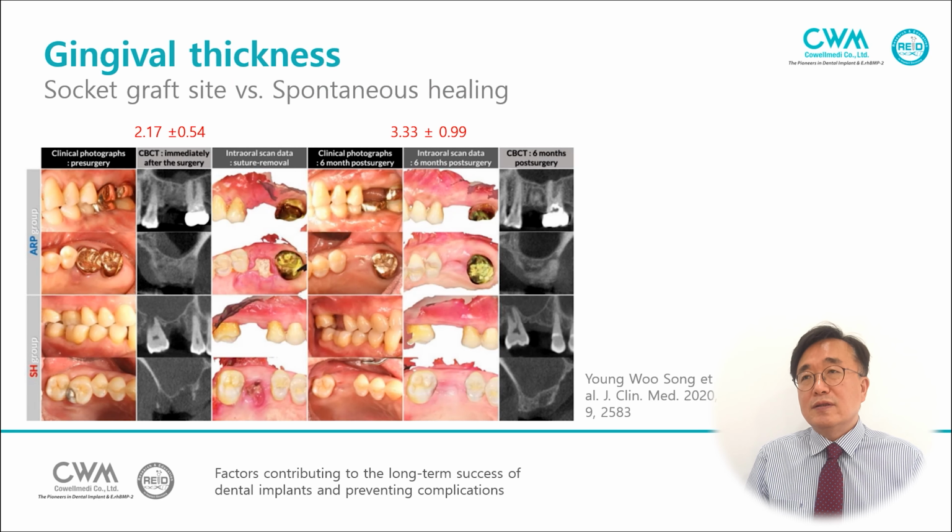Here, after bone graft, the gingival thickness is only 2.1 millimeters, and the spontaneous healing site has a 3.33 millimeter thickness of gingiva. So if you did a socket bone graft, the implant had to be deeply placed about 2 millimeters.